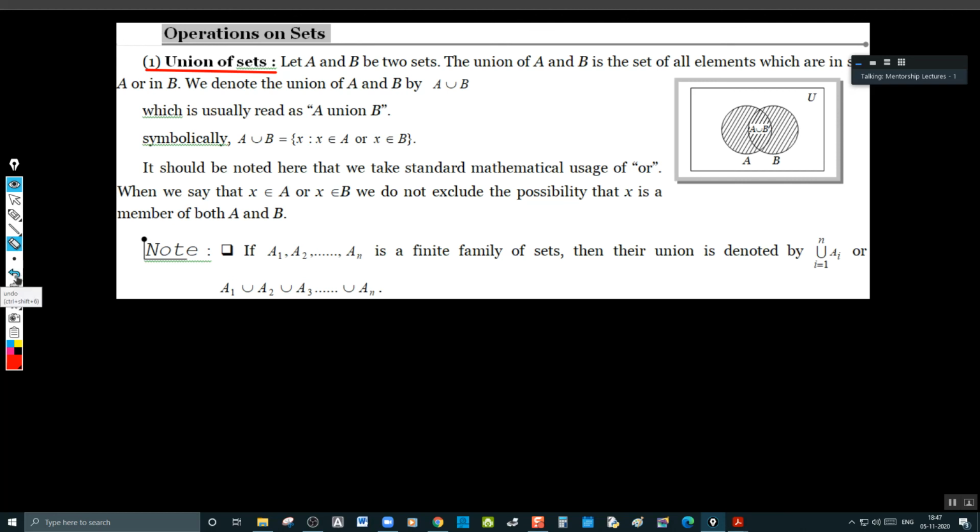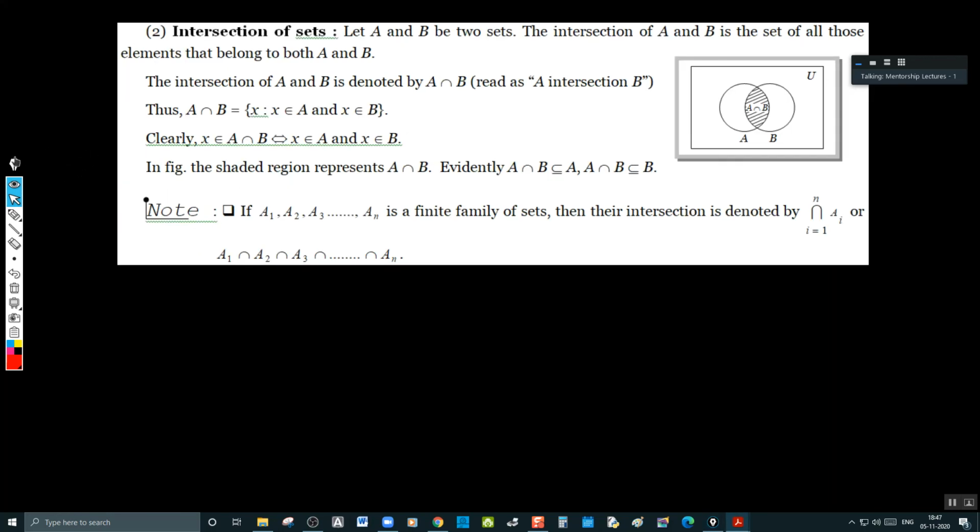Generally the good students first see the topics that we are going to learn in the next class, read them, and then come to the class. That is a good student's habit. That is the reason why I am discussing what I am going to discuss in the next class: intersection of sets.